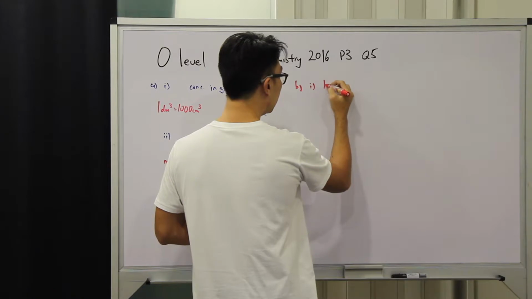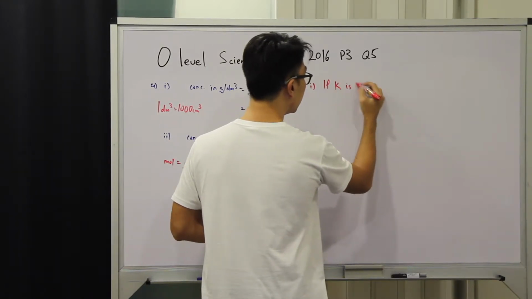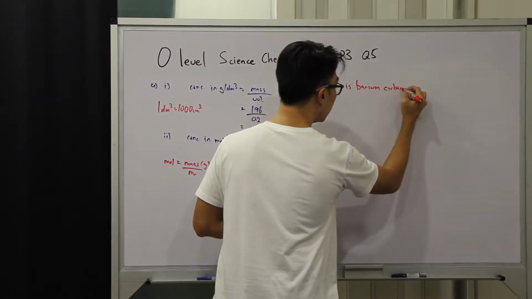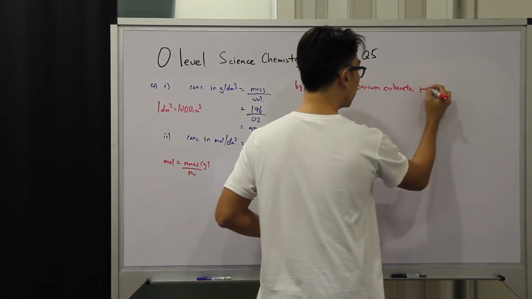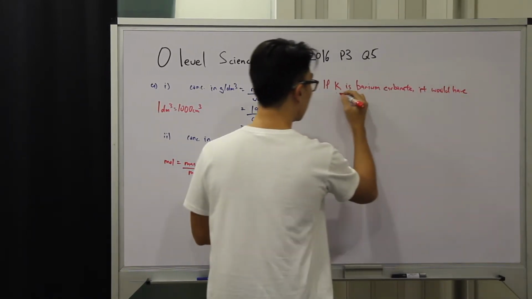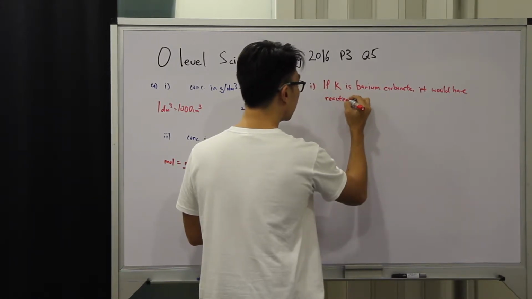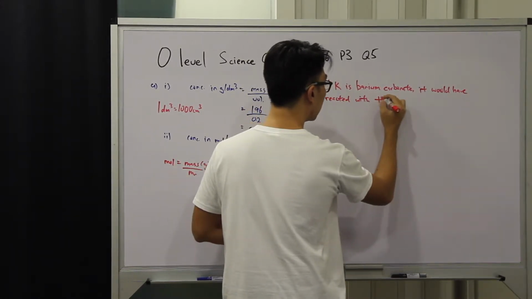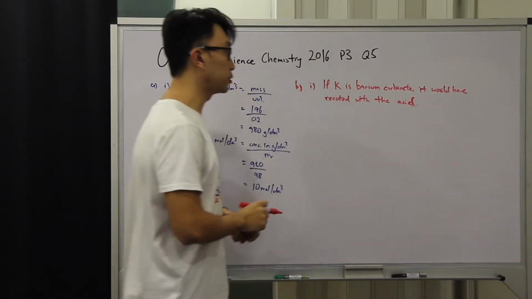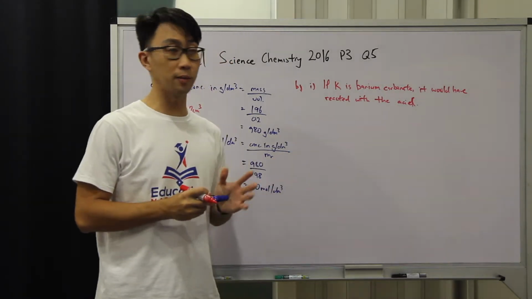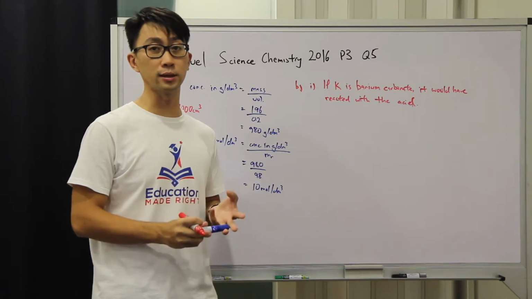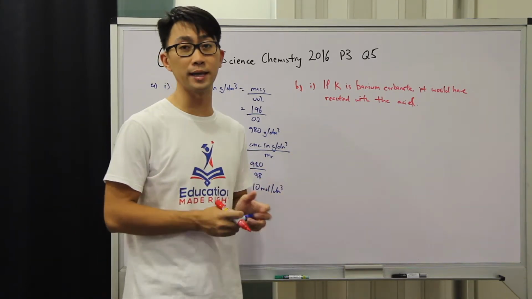So if K is barium carbonate, it would have reacted with the acid. So recall from the chapter on acids, bases and salts: acid can react with carbonate to give us salt, carbon dioxide and water. So then the precipitate will no longer be there.